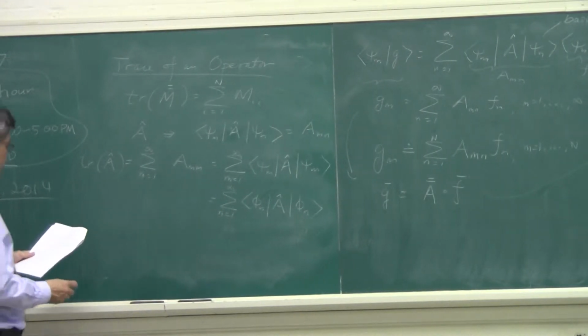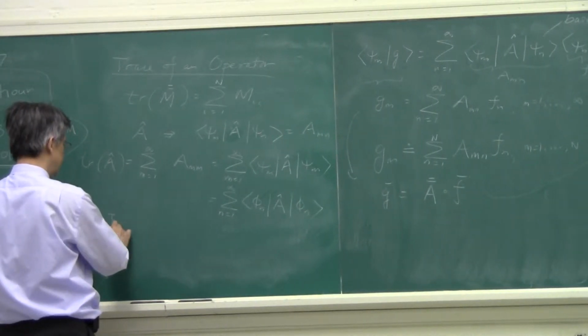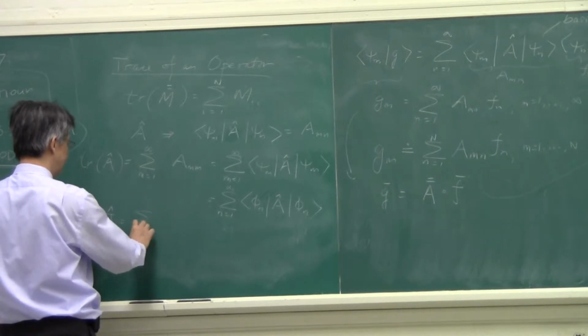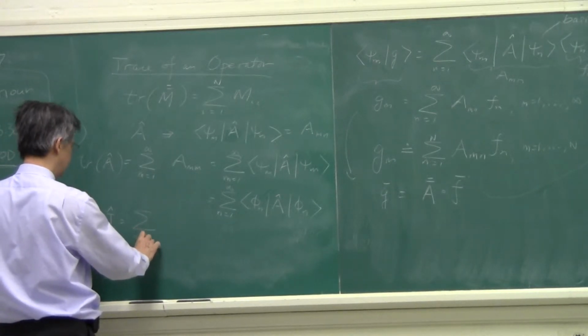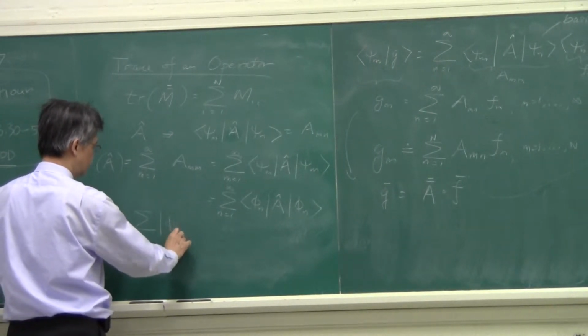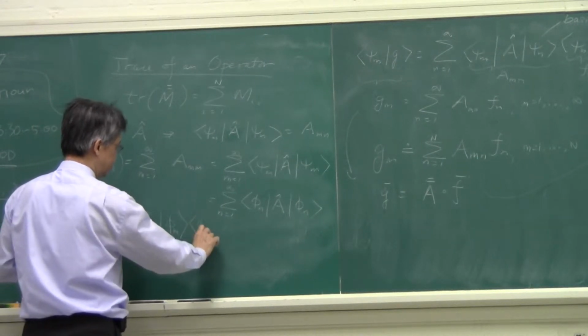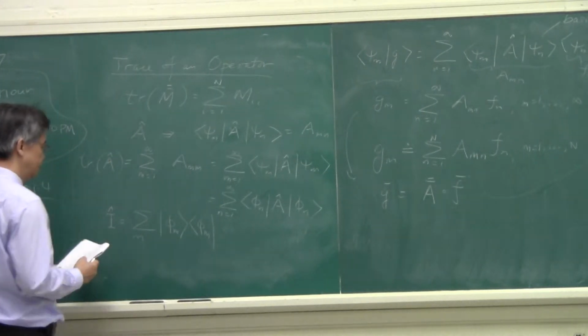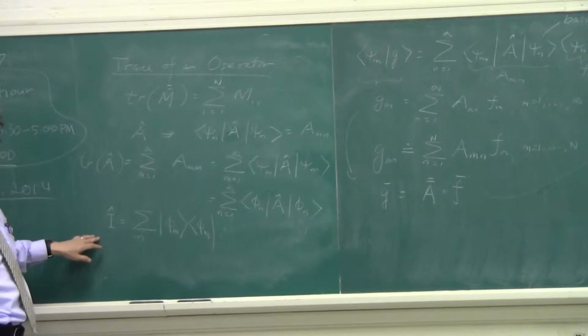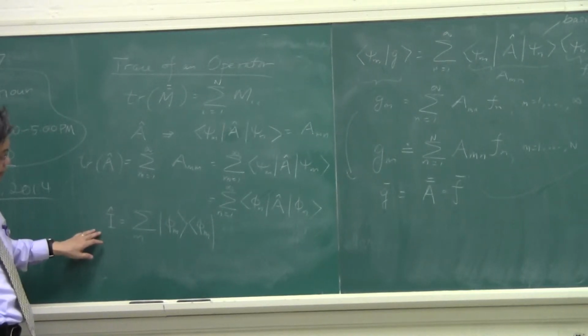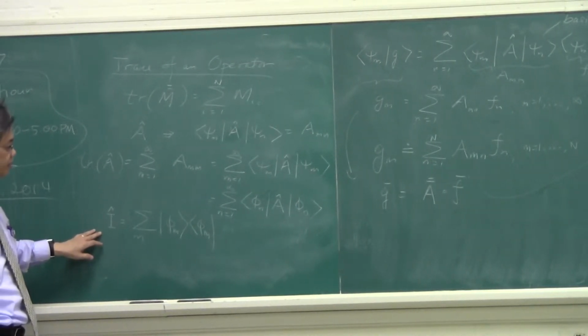So, if I have a different orthonormal set, I can always form an identity operator in this manner. If I have a second set of basis functions that are complete and orthonormal, I can always form a new identity operator in this manner.